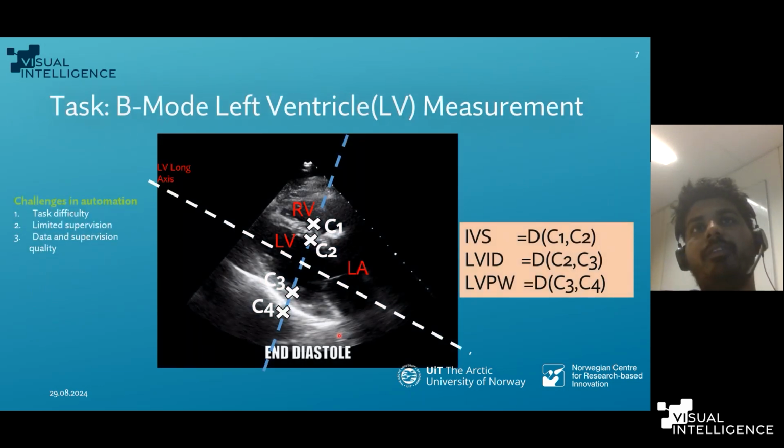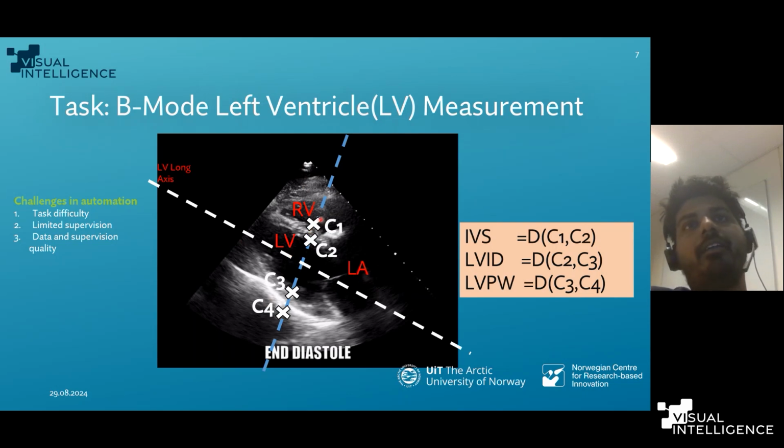I will just describe the task of left ventricle measurement. As I mentioned, in the echocardiography video we perform measurement-based analysis by looking at each frame. One task is called left ventricle measurement. This is the left ventricle, this is the left atrium, and this is the right ventricle, which is visible in this parasternal long axis view.